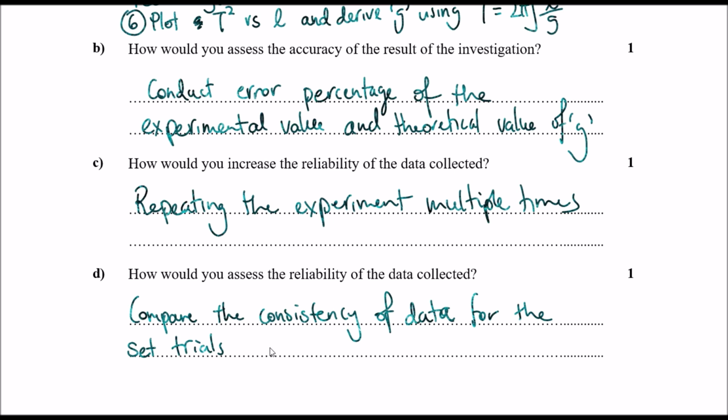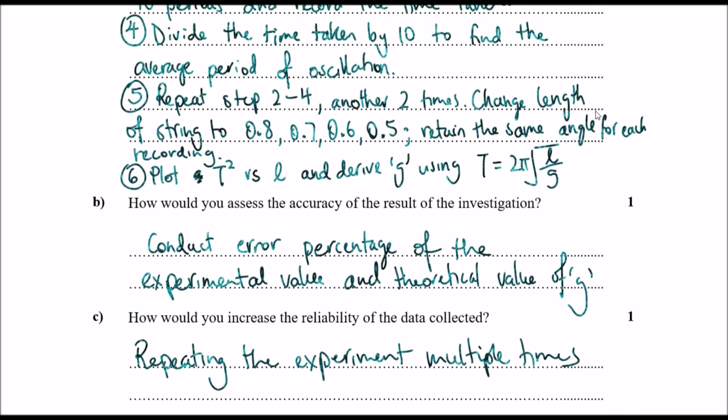What I mean by the set trials, for example, if we're just comparing the trials of 0.9 meters, or you could compare with another group who's used the exact same method as you. So that's what we leave with ourselves there.